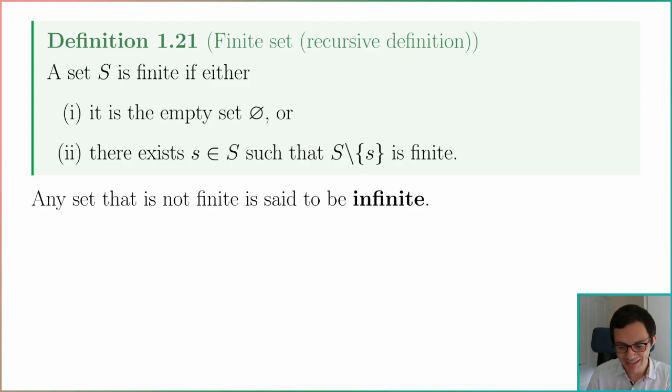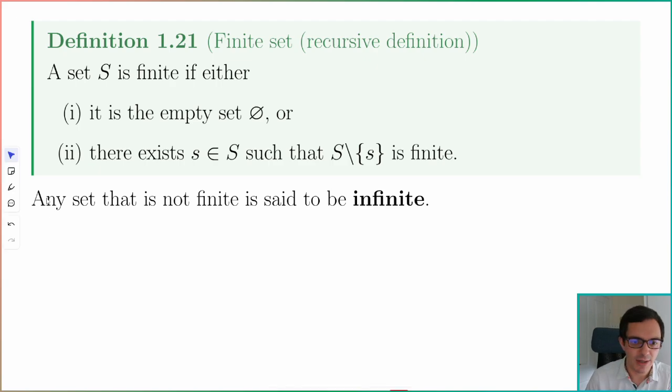It's not particularly useful for deciding whether sets are finite or infinite, because if your set is infinite and you try removing elements, the idea is that you will never get down to the empty set, but that's quite hard to prove. So this is quite a good definition if your set really is finite, and quite a hard definition to work with if it's not. I'm going to stick to finite sets today.